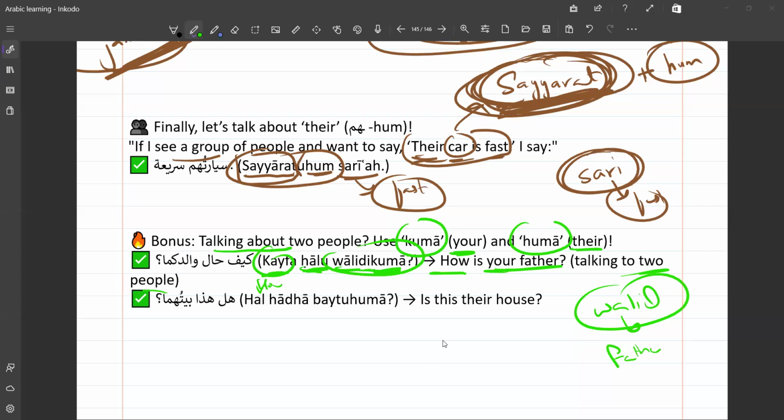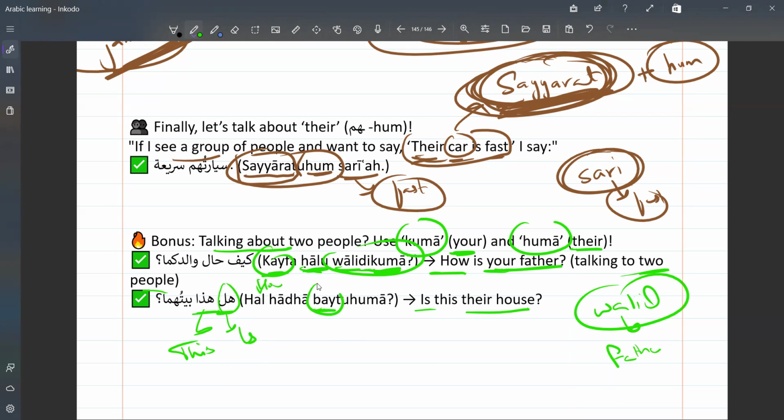Right? Similarly, if I want to say, is this their house? So I will say hal hadha. Hal means is, right? And hal is a word you use to ask questions. So hadha, we have learned, means this. So hal hadha baytuhuma.